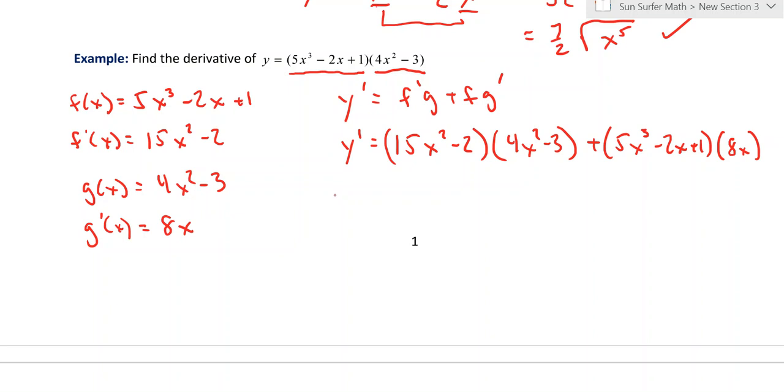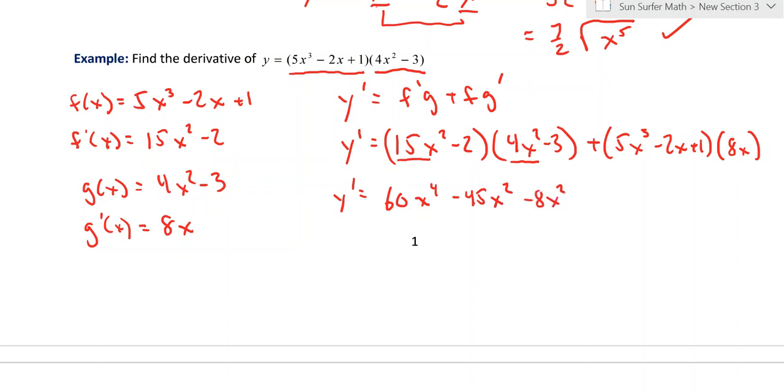So y prime would be 15x squared times 4x squared would be 60x to the 4th. 15x squared times a minus 3 is going to be a minus 45x squared. I'm just foiling these now. Then the inside terms, negative 2 times 4x squared would be minus 8x squared.